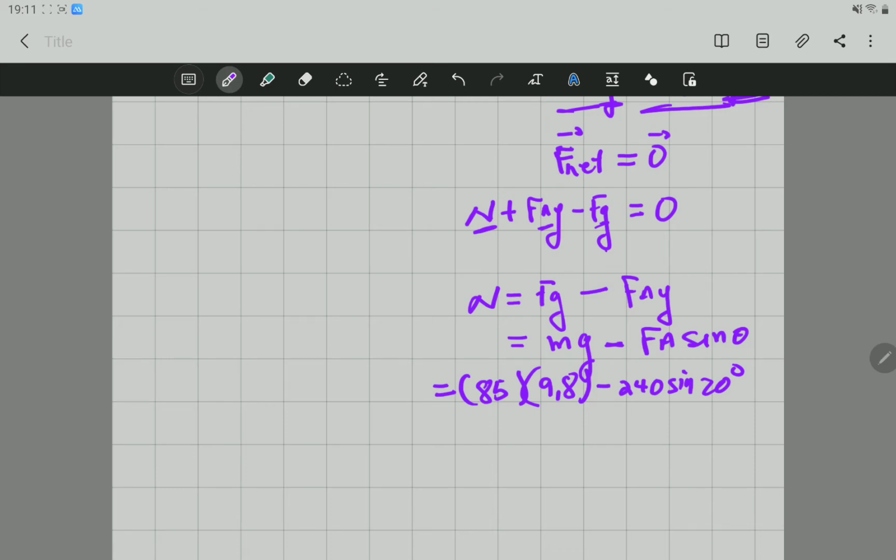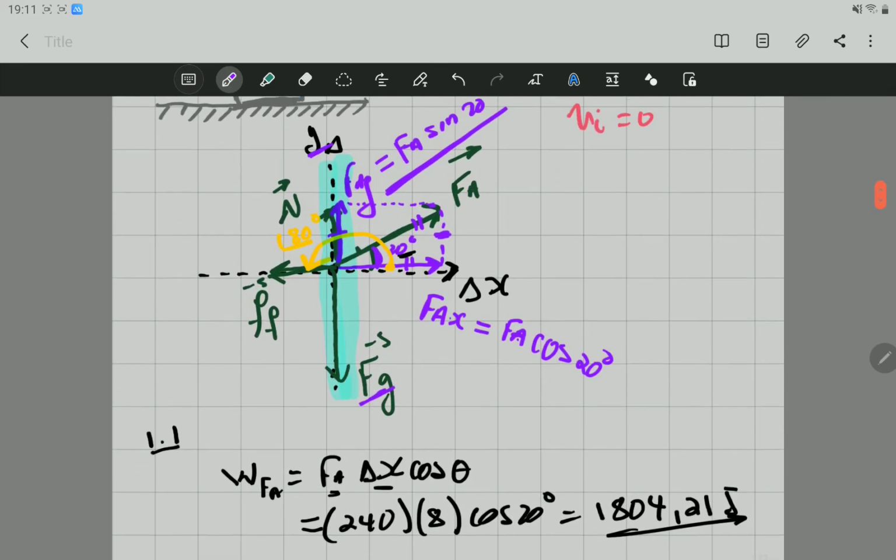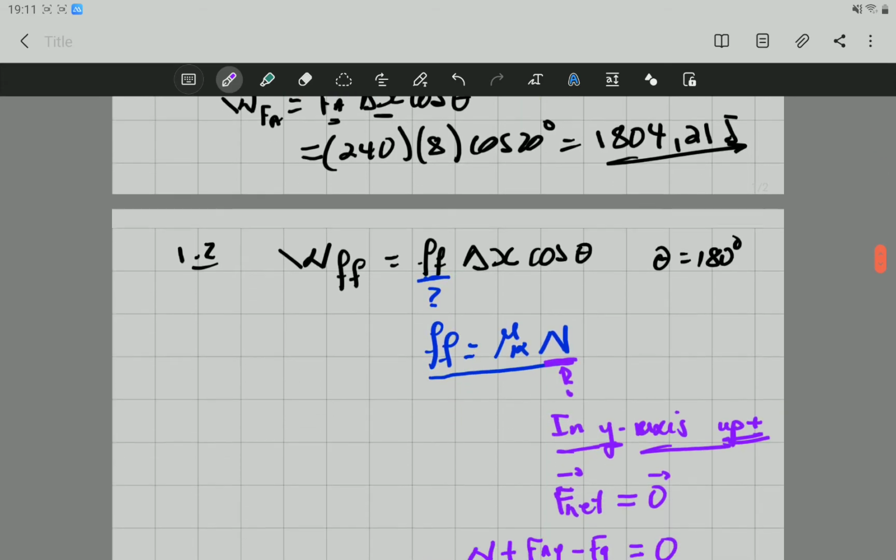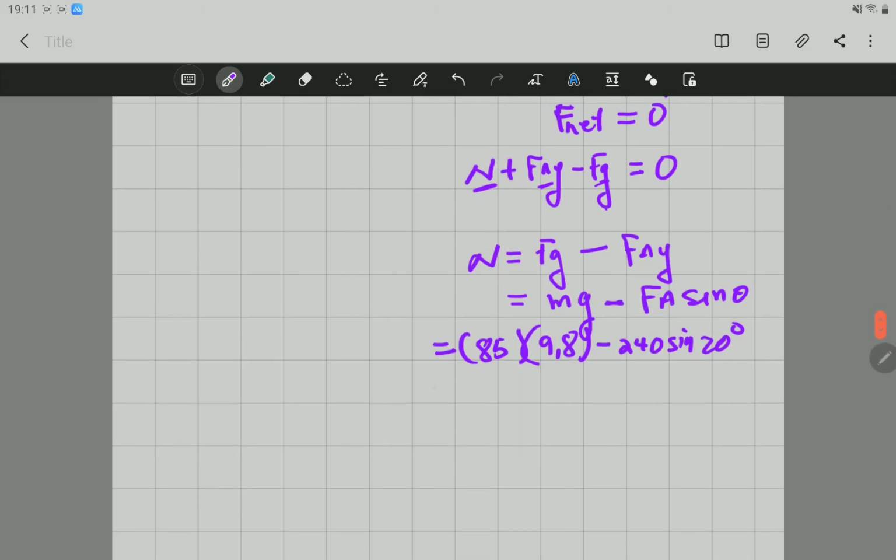Remember, it's the inclination; we have here the angle. Okay, so we are there. Now all we have to do is the calculation. Let's divide the calculation in parts.